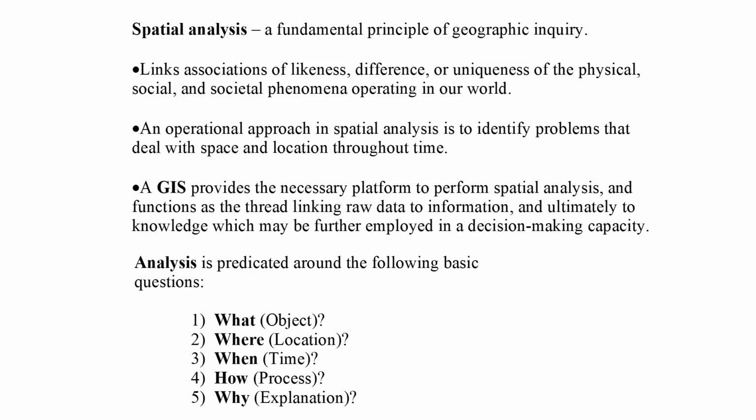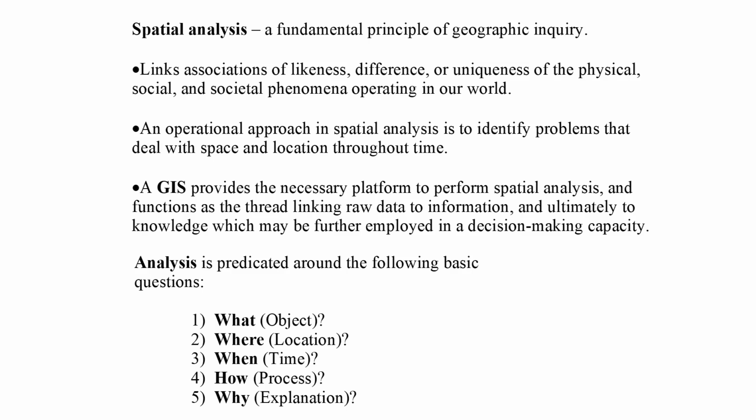The main core idea of GIS is spatial analysis. It's a fundamental principle of geographic inquiry. This analysis can help us to understand links of differences or uniqueness of the physical and social phenomena operating in our world.